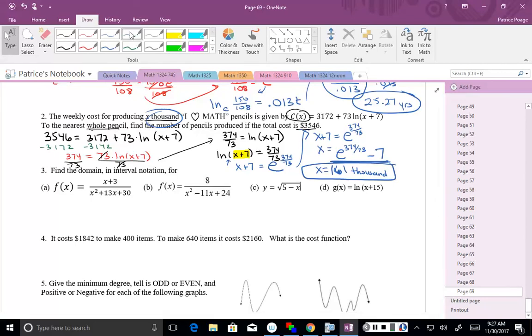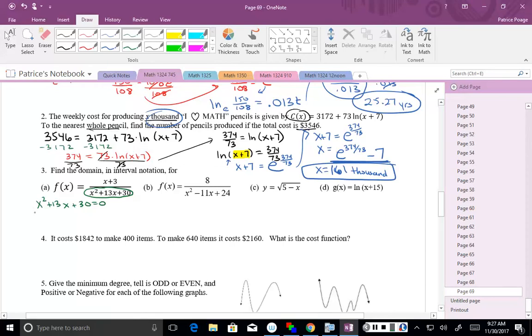So when we're looking at these, what I see on part A here, there's no radical, there's no log, but there is a denominator. And again, we don't care about the numerator. So I'm going to set that denominator equal to 0 and see what causes that to happen. So there's several ways you could do this.